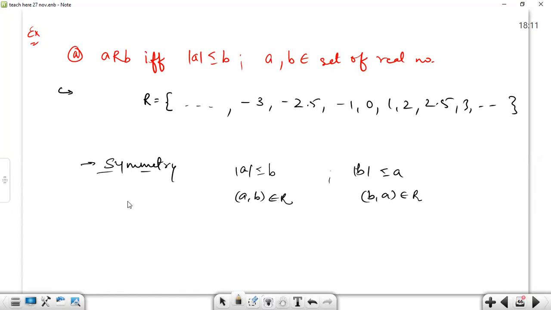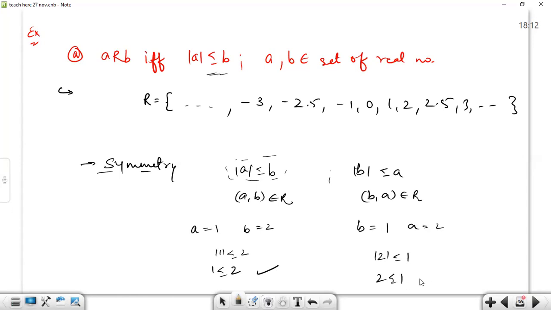Taking a simple example here, taking A as 1 and B as 2. Modulus of 1 is less than 2, so it is true. Let's check now B as 1 and A as 2. The relation is the same, only we have taken B and A. So modulus of 2 is less than 1.